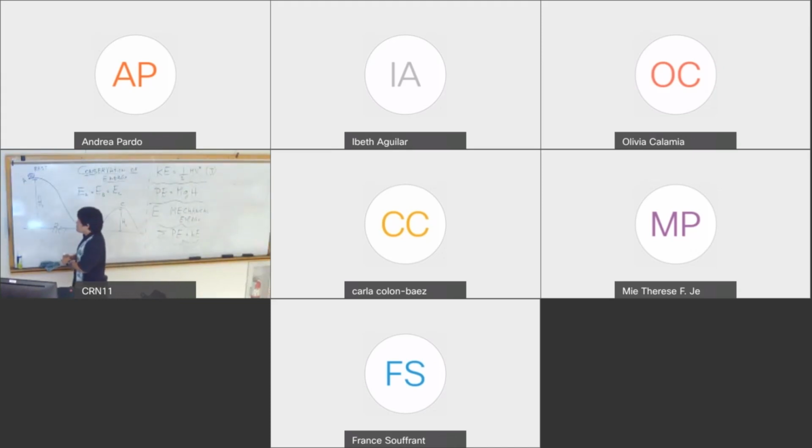So clearly, the mechanical energy here is just the potential energy, mgh. And here, the mechanical energy will just be the kinetic energy, right?